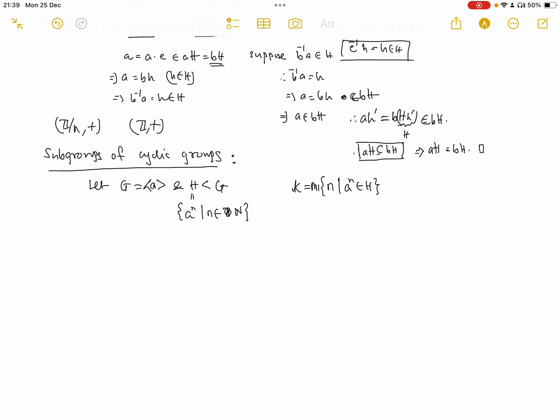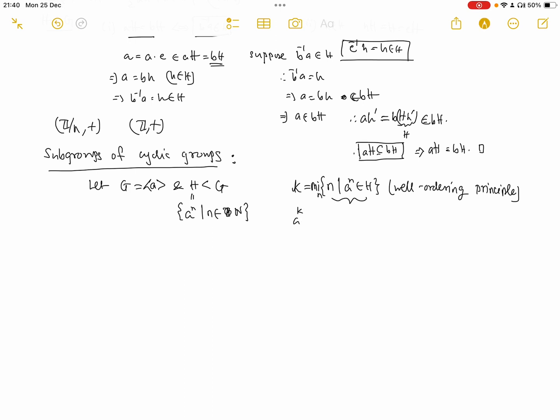And I will choose the minimum of that set. I can find the minimum due to the well ordering principle, because this collection is just a subset of the natural numbers. So by the well ordering principle, I will get the smallest element of this collection. We'll just call it K.